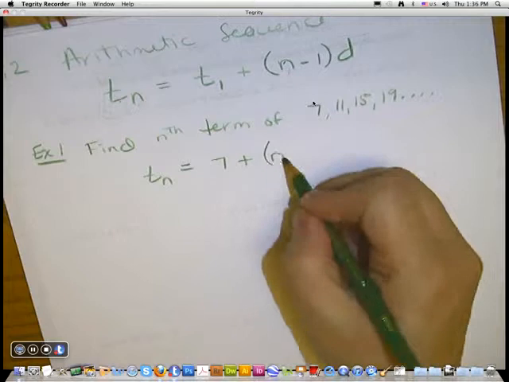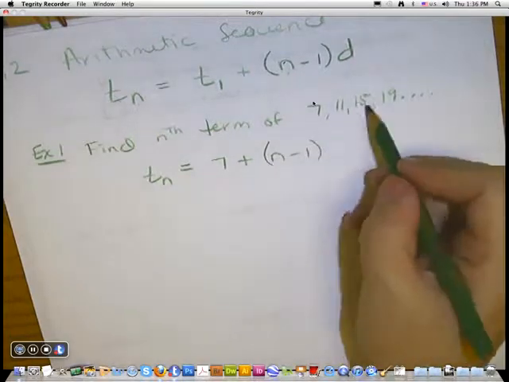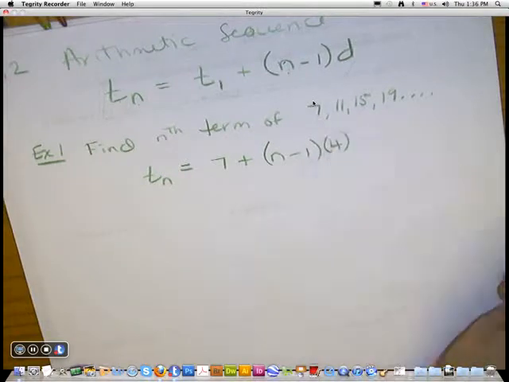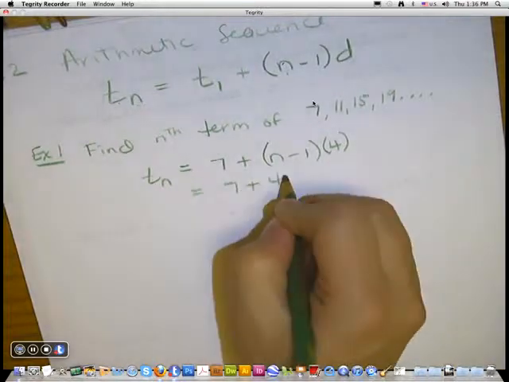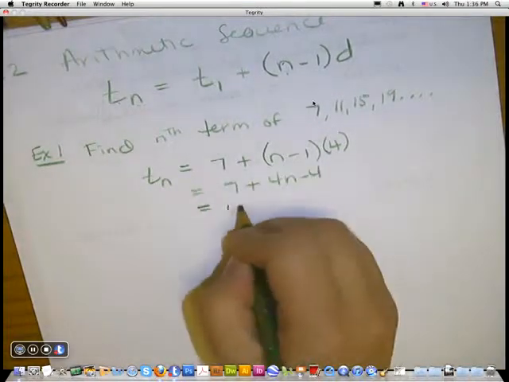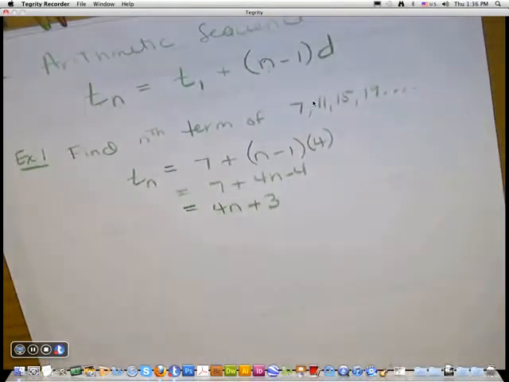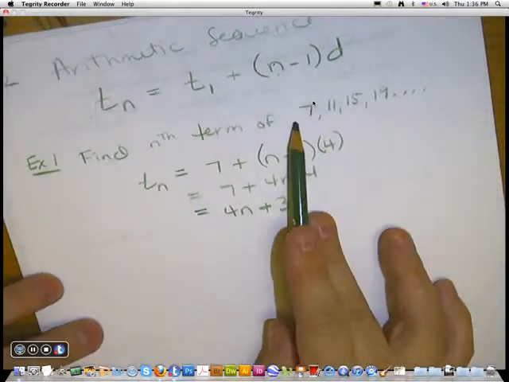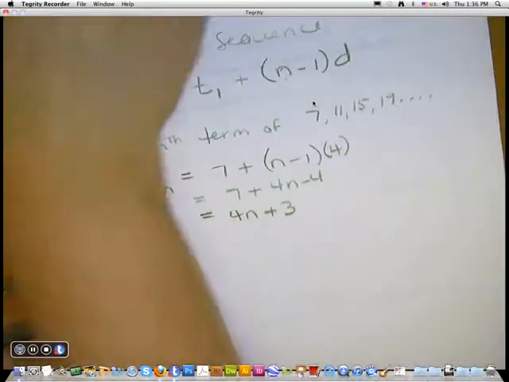I want the nth term, always minus 1. And then the difference, how does this go? It increases by 4, so I'm going to multiply by 4. Do some distributing, so I get 4n minus 4, and then let's put it in the proper order, combine like terms. So 4n plus 3. And if you put 3 plus 4n, it's the same thing. But you're going to use this formula to plug in the information to find the nth term.